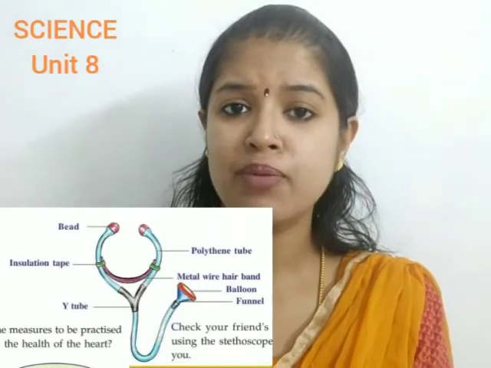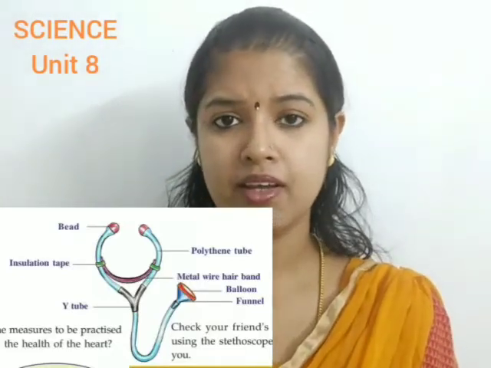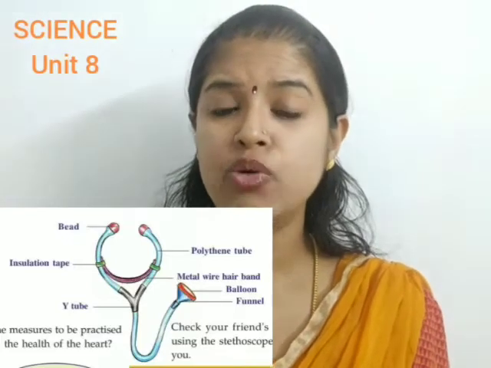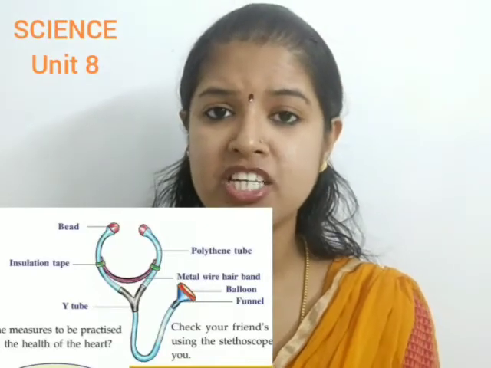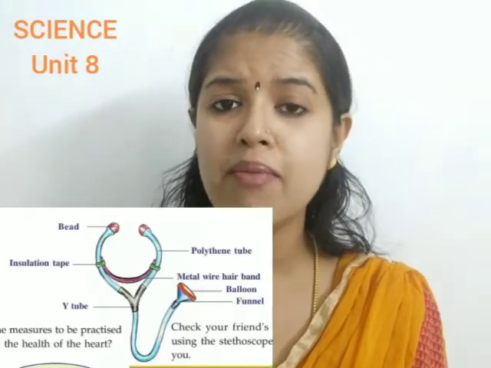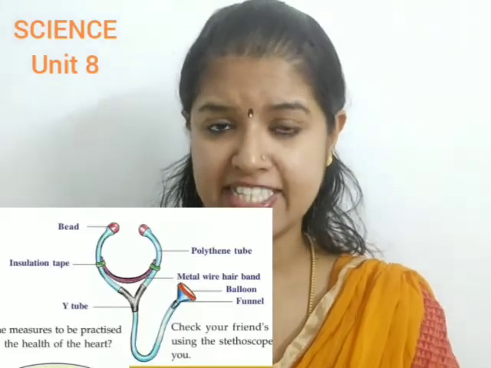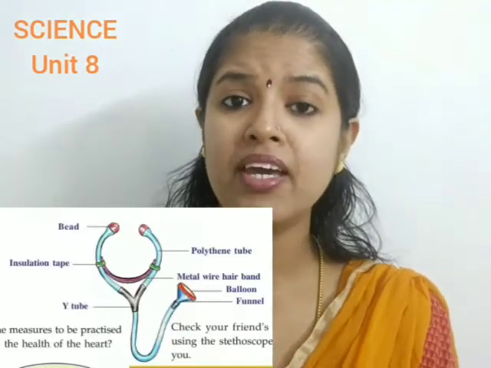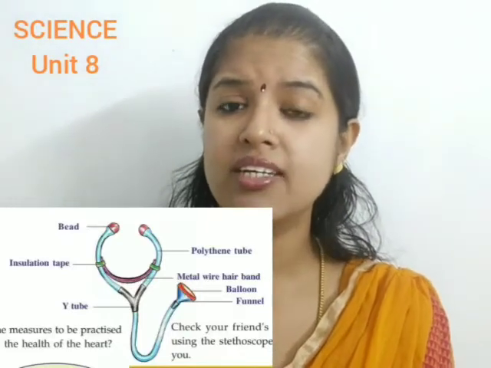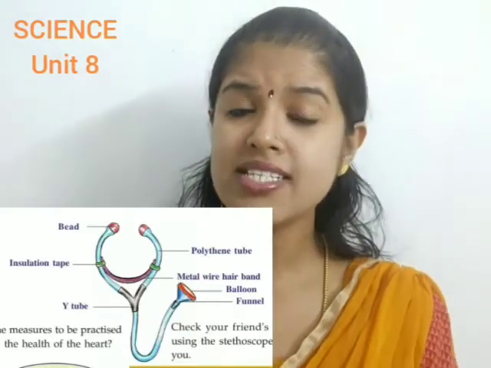At the end of the polythene tubes, you can put some beads for putting in the ear. On the other side, you can put the funnel down, as you can see from the picture, and close the mouth of the funnel with the balloon so that the skin will remain tight. That acts as a diaphragm for keeping on the chest, and to hear the heartbeat we will use the beads. So this is how you can make a stethoscope.